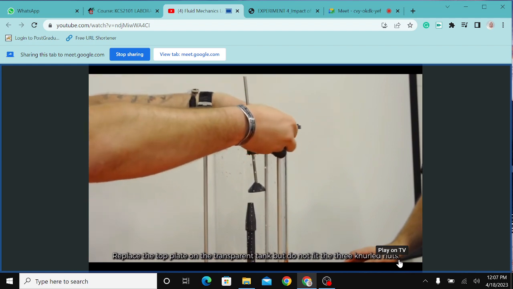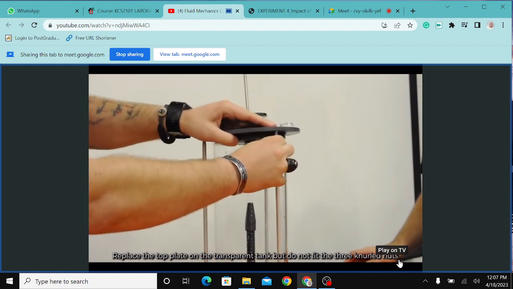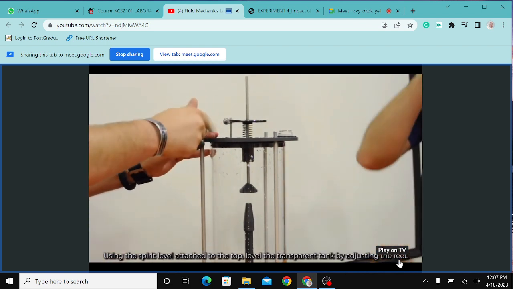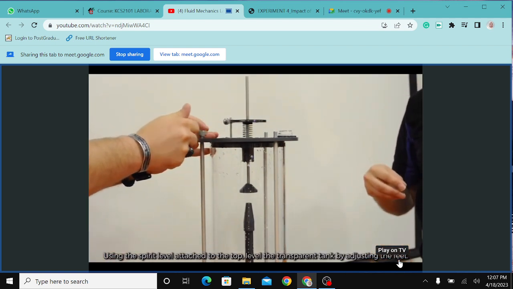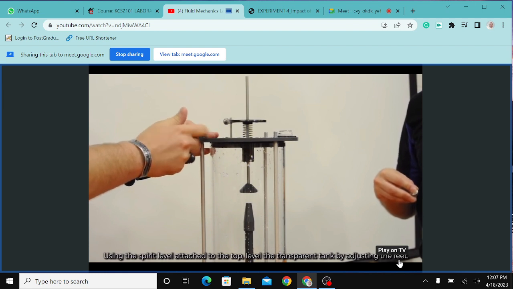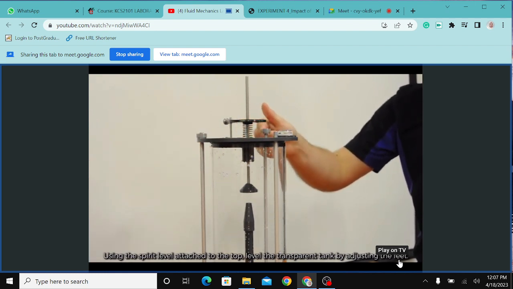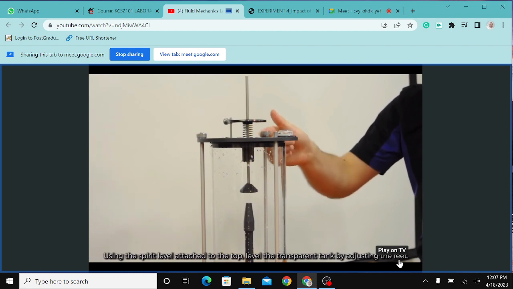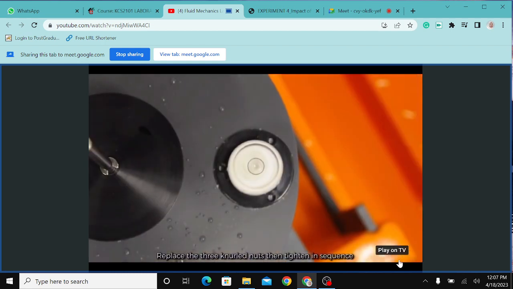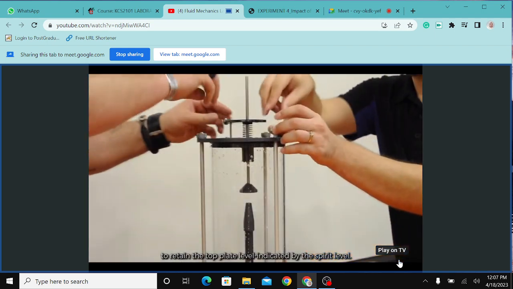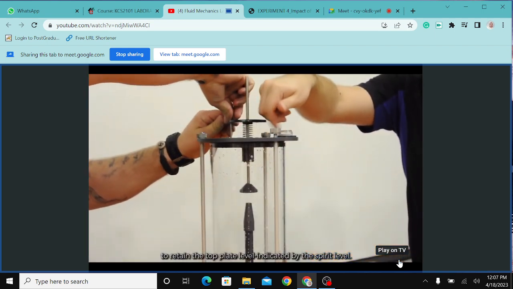Replace the top plate on the transparent tank, but do not fit the 3 knurled nuts. Using the spirit level attached at the top, level the transparent tank by adjusting the feet. Replace the 3 knurled nuts, then tighten in sequence to retain the top plate level indicated by the spirit level.